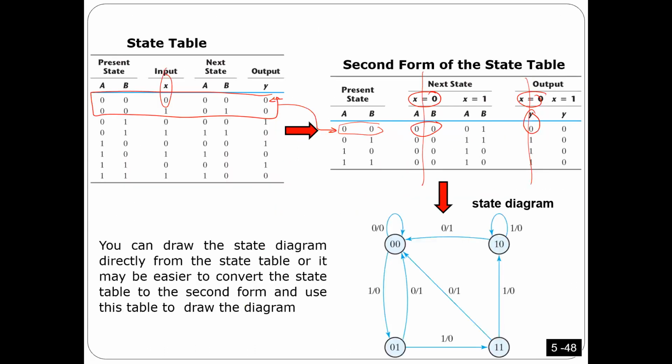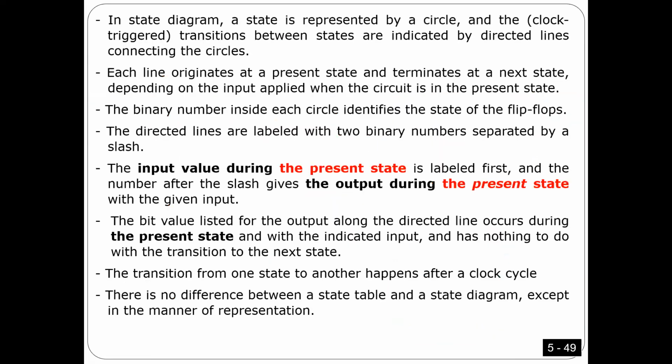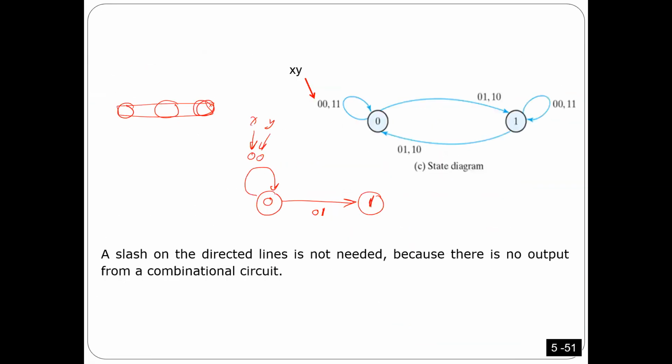Before, I put a slash here, where this is the input and this is the output. I'm not going to use a slash this time because I don't have an output. For the input before, I used only 1 bit because I had only X. This time I'm going to use 2 bits for input because I have X and Y.